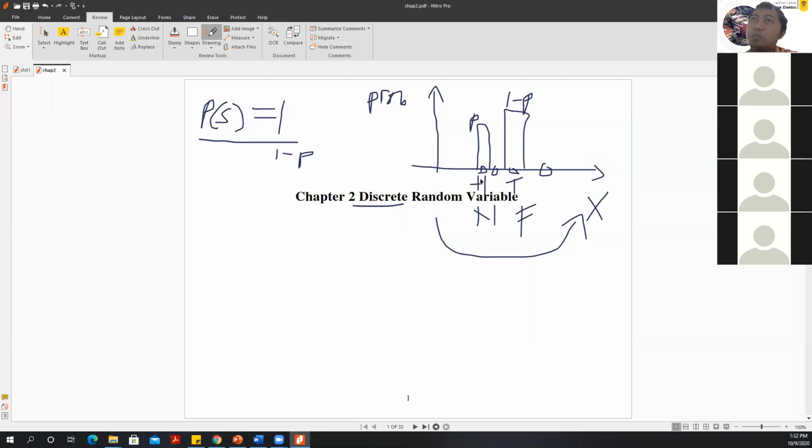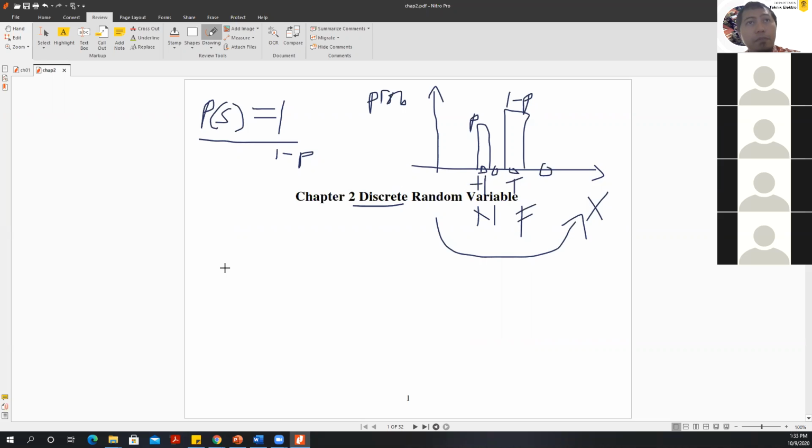You can see here between head and tail, there is a space. There is some space between head and tail.